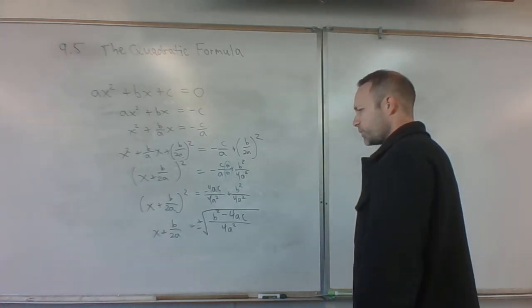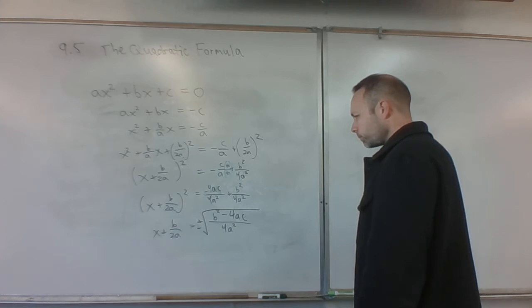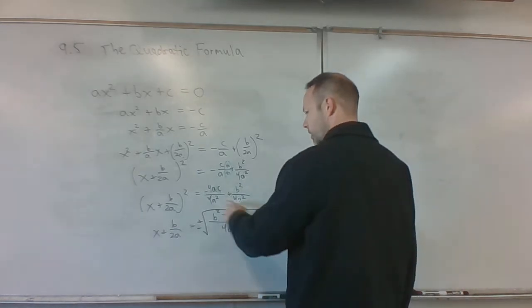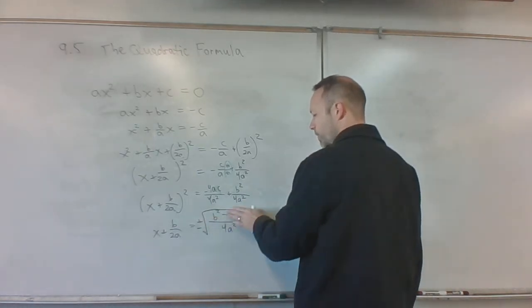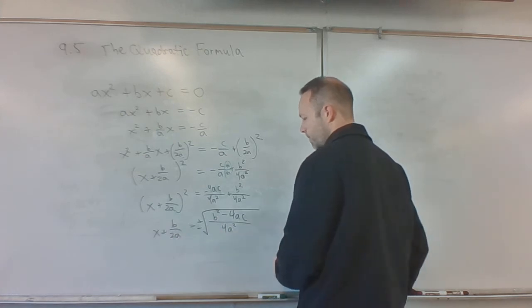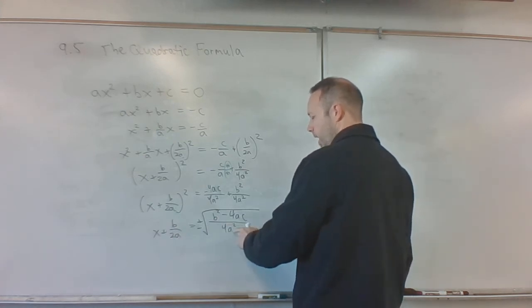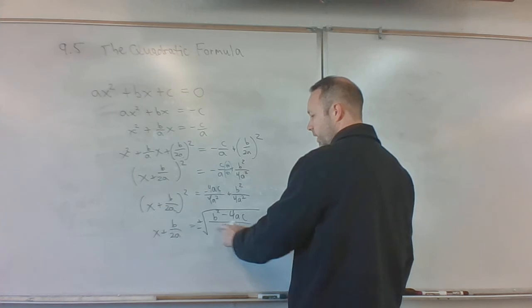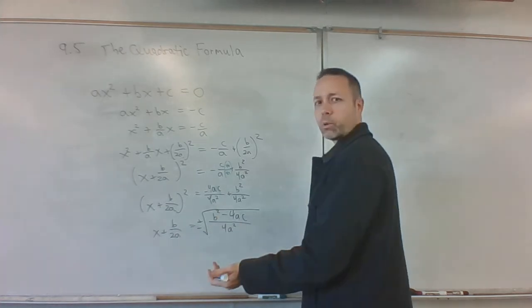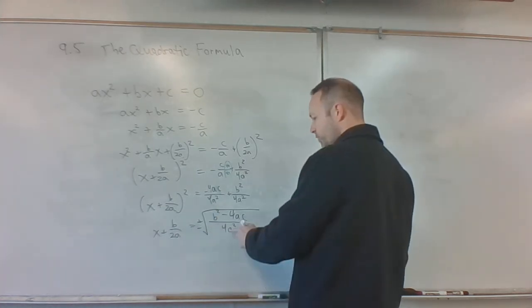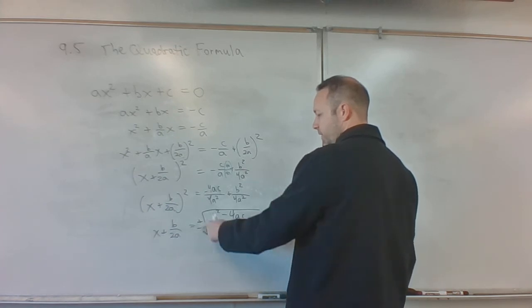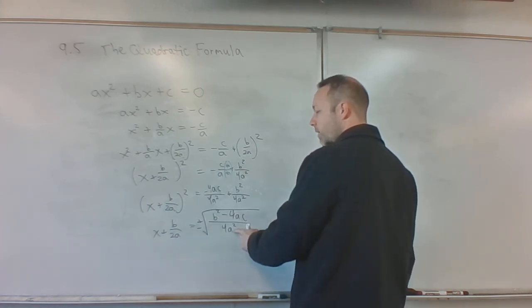And let's look at what we can simplify. So I have this big square root with this whole fraction on the inside. Now I look at what's on the bottom, and I have a 4 inside the square root. Well, the square root of 4 is 2. I also have an a squared inside the square root. Well, the square root of a squared is a.